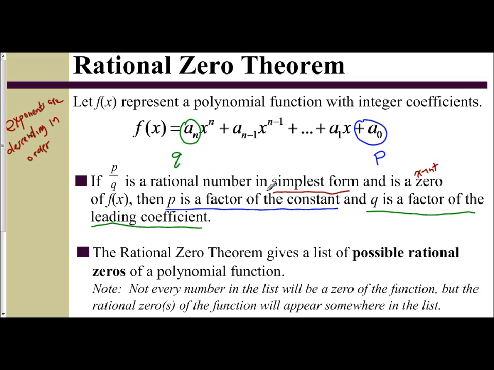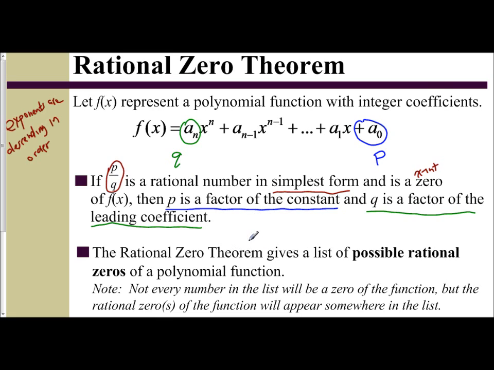What does this mean? This means if I have a polynomial function written in standard form, the exponents in descending order, then if I look at my constant and I look at my leading coefficient and I set up all of the factors, fractions, then in that list somewhere is my possible rational zeros.